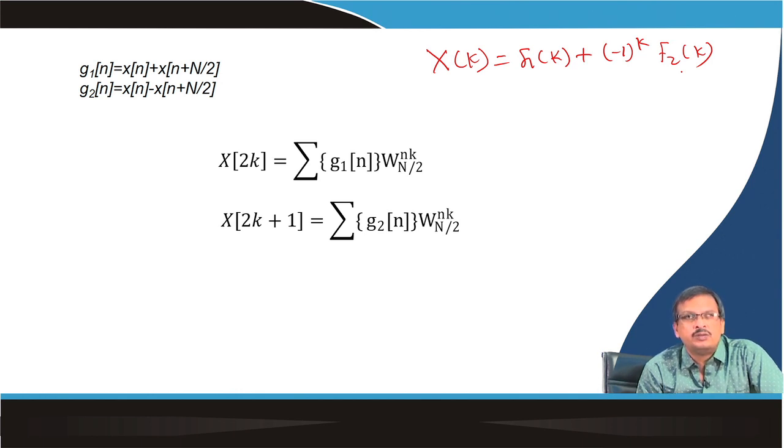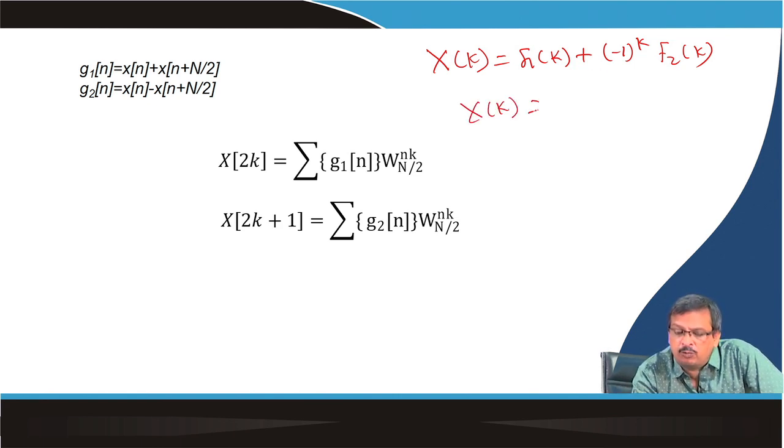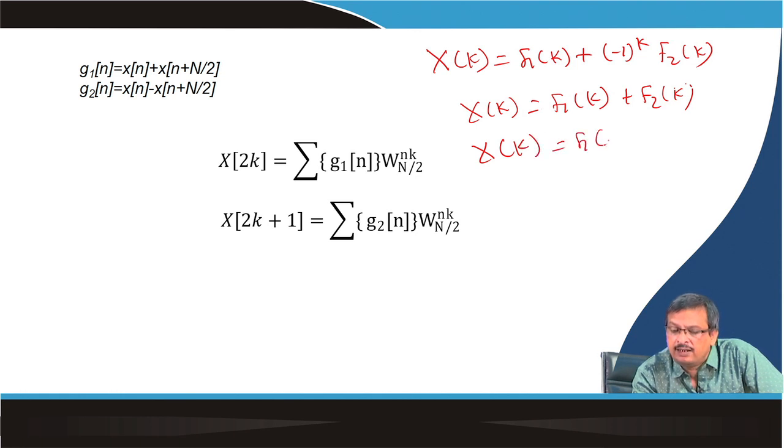Okay or not? So, sometimes x(k) will be f1(k) plus f2(k) or x(k) will be f1(k) minus f2(k).